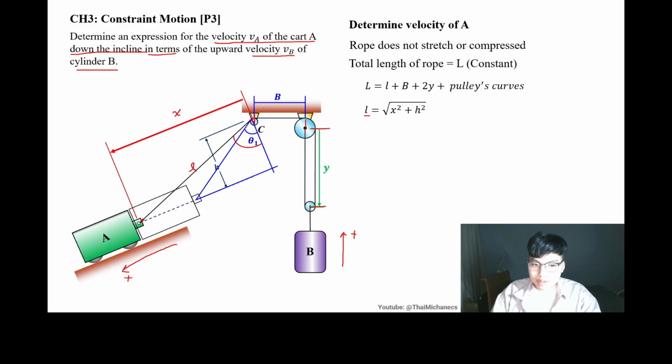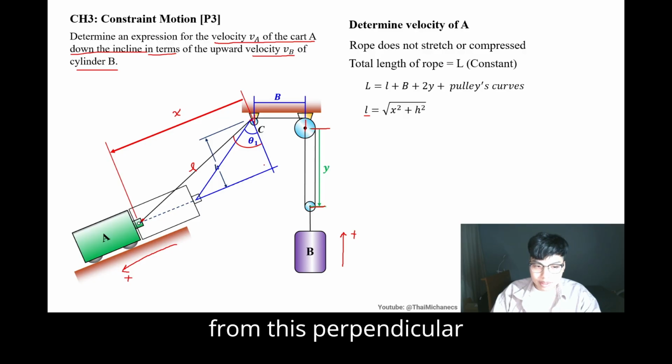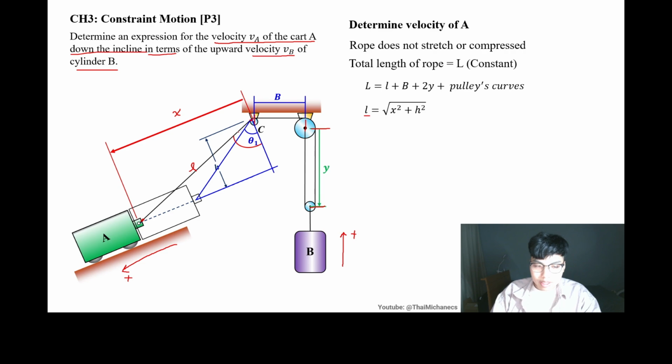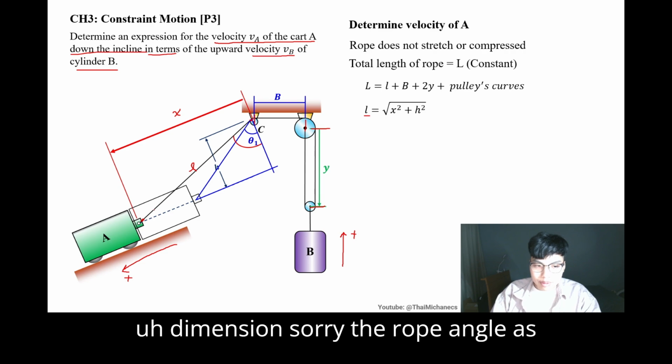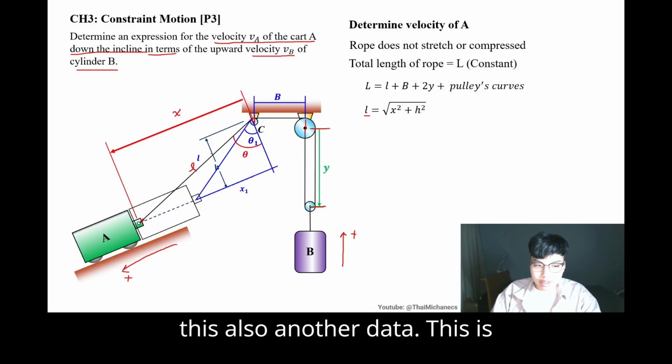Then we assign the angle between this perpendicular line and the rope as theta 1, and this x will be the distance parallel to here as x1, and this is also another theta, this is l.